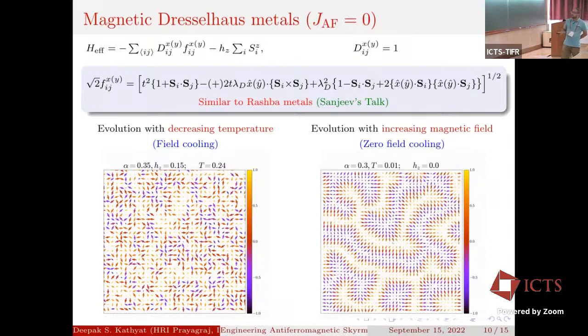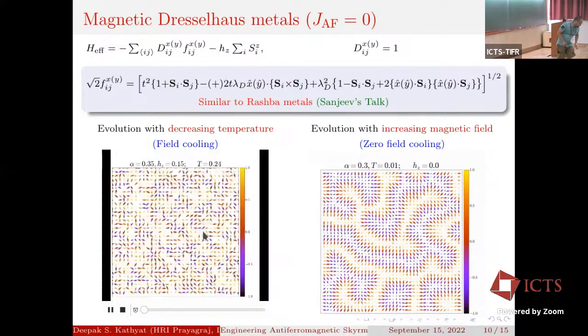I am showing here the classical Monte Carlo simulation results in the form of a movie, made out of the various spin configuration snapshots taken at each Monte Carlo step. This movie is for the Rashba case; the result will be the same for Dresselhaus. So let's see the movies.